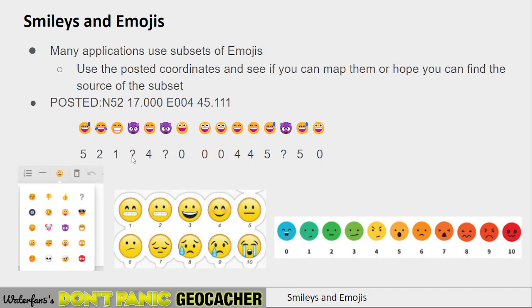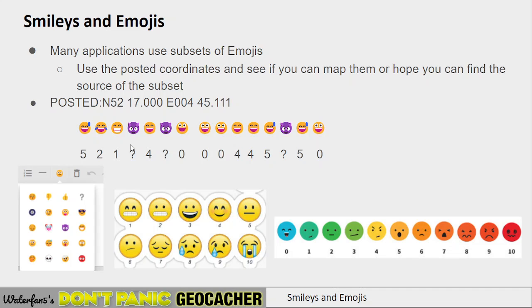So this is most likely either a 6, a 7, or an 8. It can't be a 5 because a 5 has already been used. Potentially it might be a 9. So there might only be 3 or 4 combinations that you have to try, where you see which one is a good coordinate, either using the geochecker or looking on the map to see what is a valid coordinate.